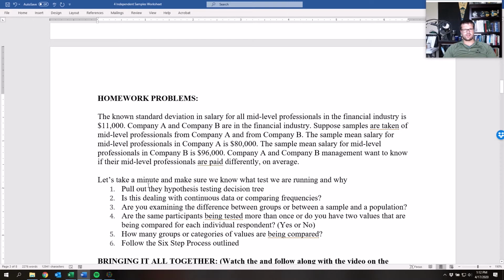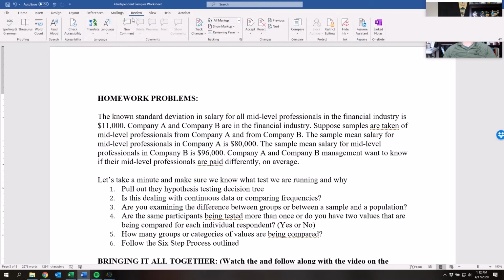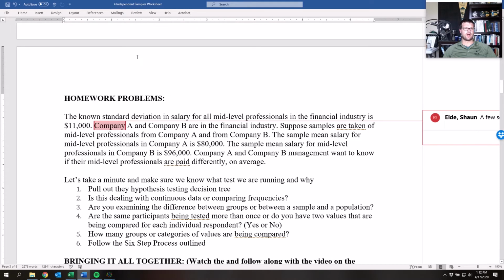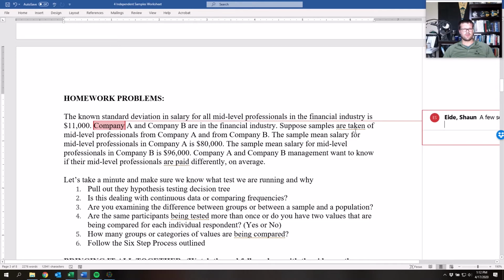So this right here is a problem from the book. And let's take a look at it. The known standard deviation in a salary for all mid-level professionals in the financial industry is $11,000. So what I like to do is, as I go through things, I like to make notes of what it is that I'm looking at. So I'm going to just make a few notes.